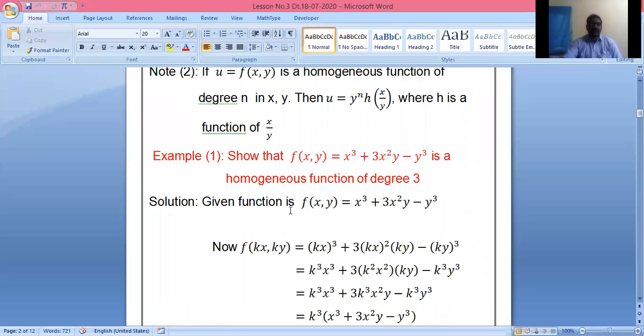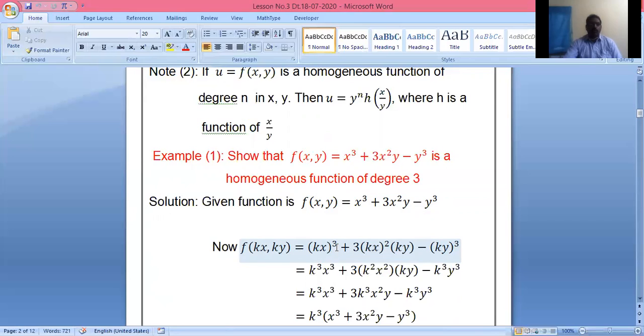Given function is f of x comma y equal to x cube plus 3x square y minus y cube. Now f of kx comma ky is equal to kx whole cube plus 3 into kx whole square into ky minus ky whole cube.